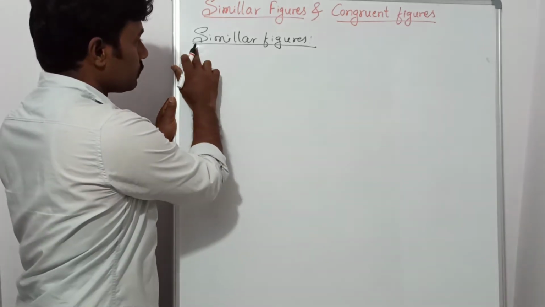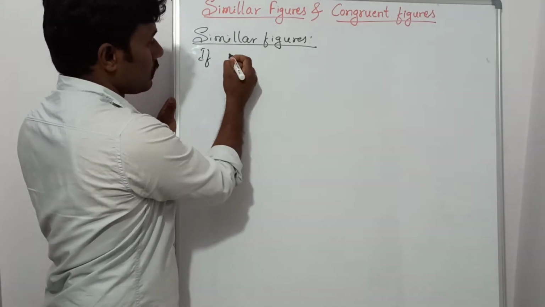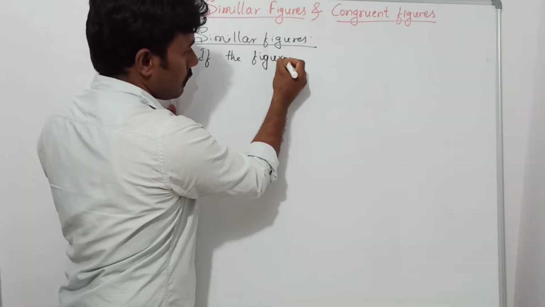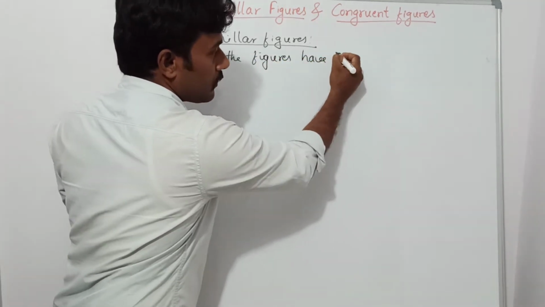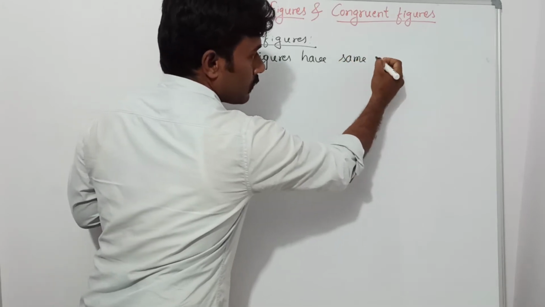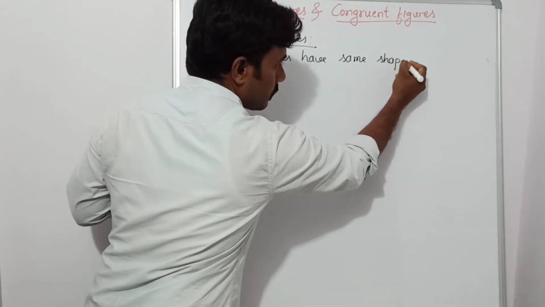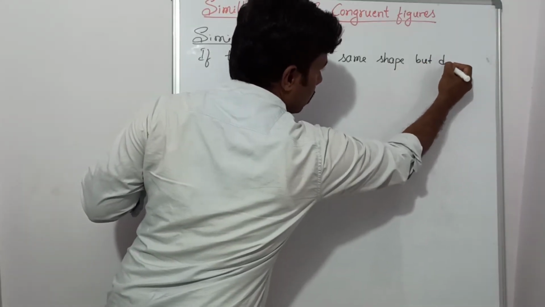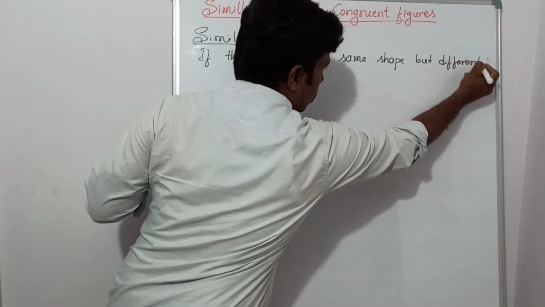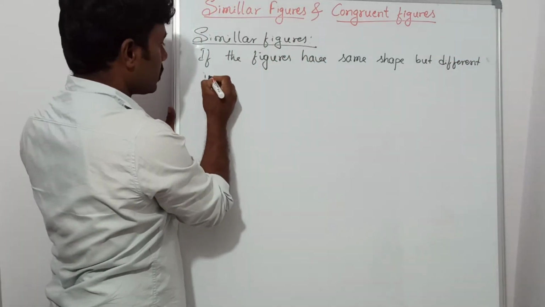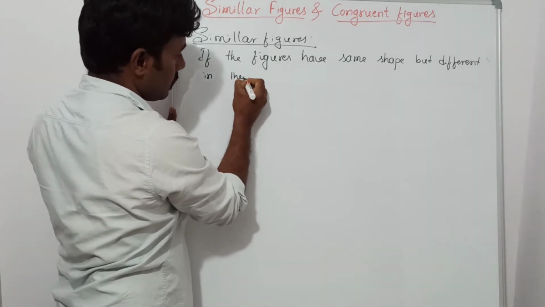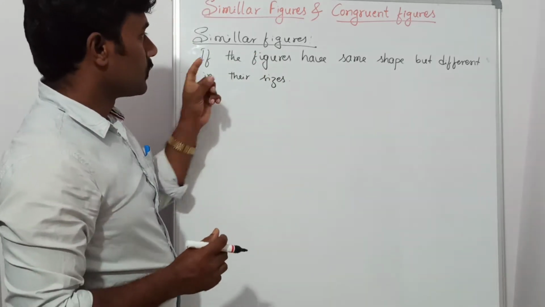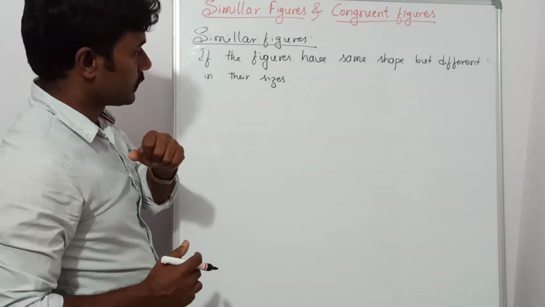If the figures have the same shape but different sizes, that kind of figures are called similar figures.